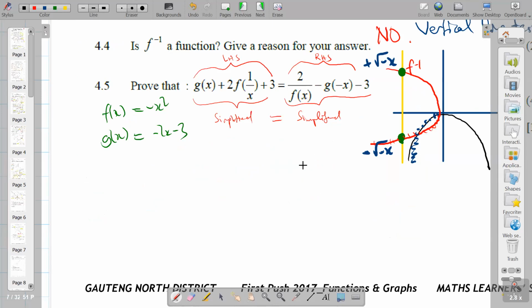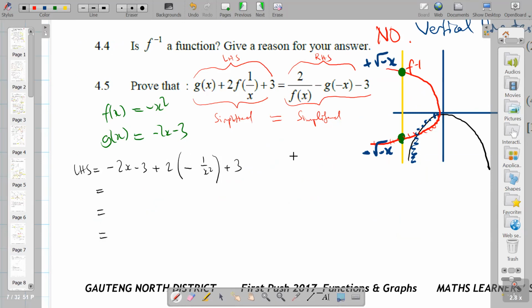Our time may not be enough to complete that, but let me at least write the equation. So minus 2x minus 3 as g, plus 2 times it is negative 1 over x squared, because square of that. All right, so it's negative 2 plus 3. And then the right side, so I need to simplify this.